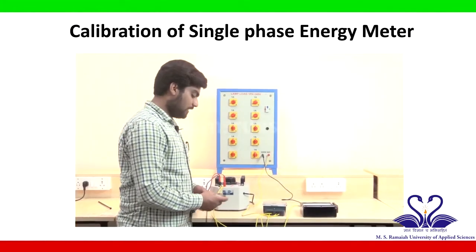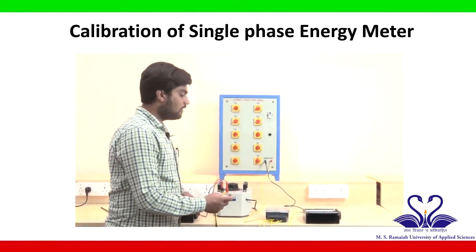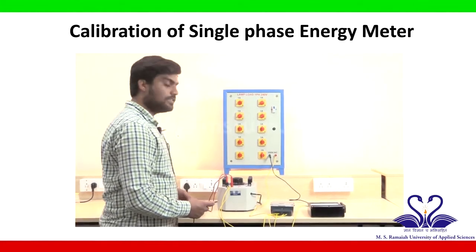Time taken for 20 blinks is 35 seconds. Now note down all the readings in tabular column.